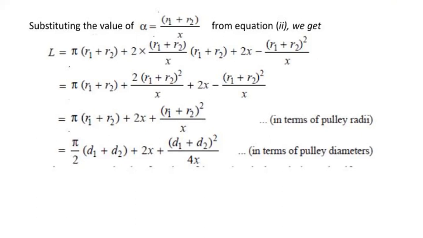Then by substituting the values, we get the length as pi into R1 plus R2 plus 2 into R1 plus R2 by x into R1 plus R2, plus 2x minus R1 plus R2 whole squared by x.